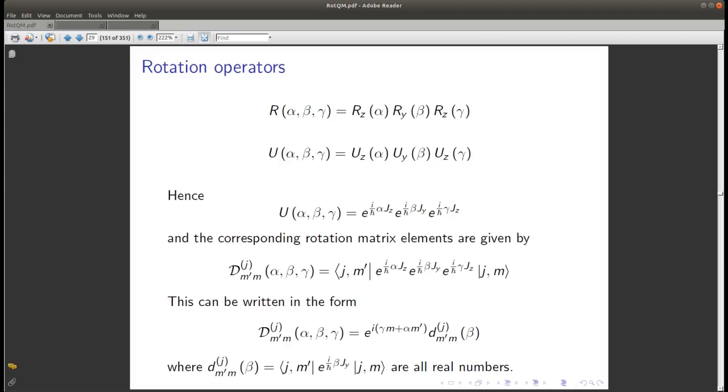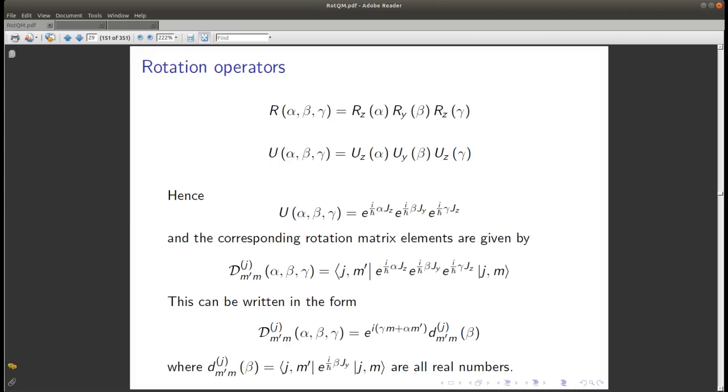Now this actually is the reason why quantum mechanics people prefer to use a ZYZ convention for Euler angles. Had we used ZXZ, nothing much would have gone wrong, but here you would have to actually figure out the matrix element between Jm prime and Jm of a rotation about Jx, and Jx matrix elements being purely real, this would have been an exponential of a purely imaginary matrix which would have complex elements in general.